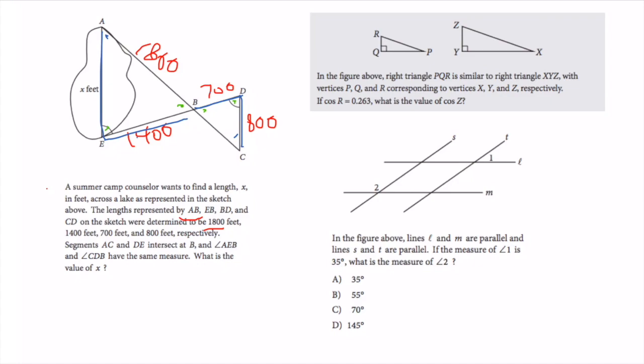So I'm going to use the fact that they have the same ratio to determine this final measurement here. BE and BD have the same ratio. That's 1400 over 700. I know that has to equal X over 800.